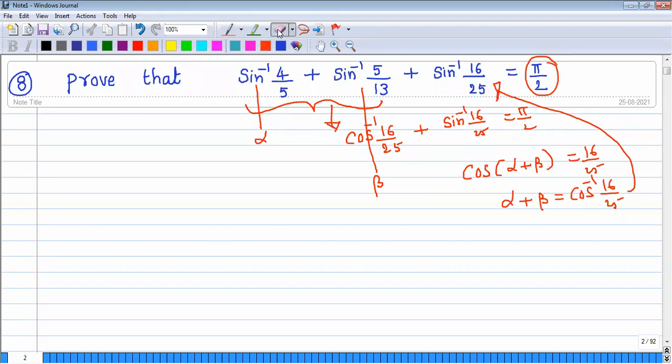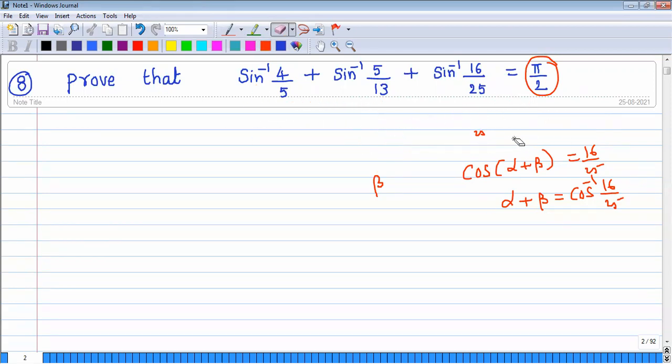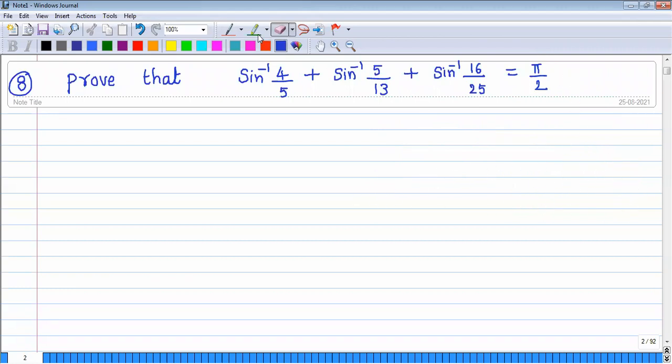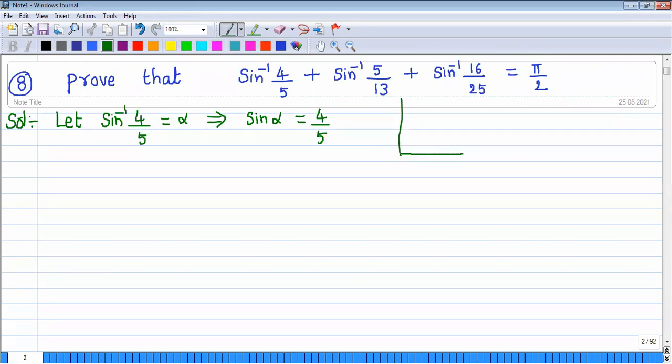Okay, so let us implement this plan now. Let us say sin inverse 4 by 5 is alpha. Sin alpha equals 4 by 5. So just take the right angle triangle.